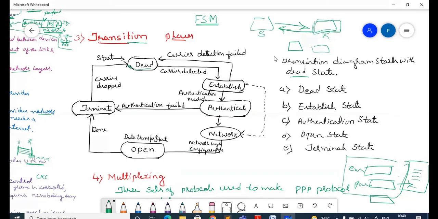And also, authentication here is optional. I already told it is optional. In the establishment step, in this state the two parties will decide whether we need an authentication step. If both agree, then it will go to the authentication state, where it will identify each of these devices.